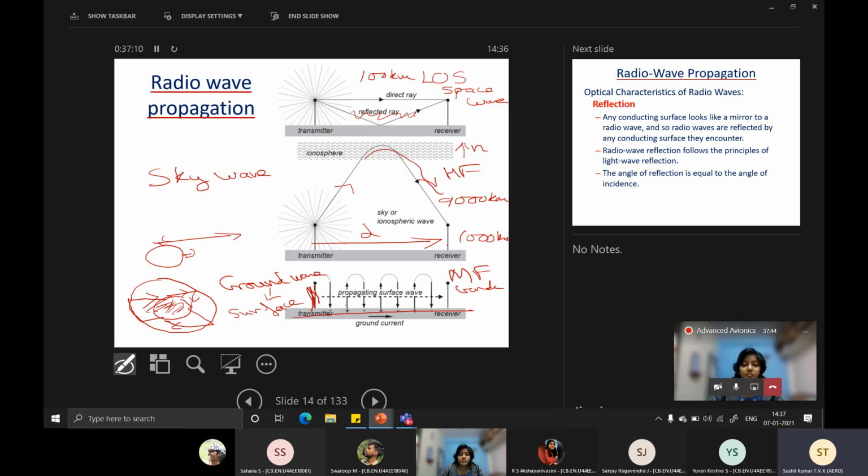It'll have much more disturbances which will cause errors, because we can expect much more activity on the ground than in the air. It's not very reliable, I agree with you, because you assume that this is a perfect conductor. Anyway, the Earth's surface is not a perfect conductor. It will lead to more attenuation actually, reduction in strength. That we'll see in the next class. Anything else?